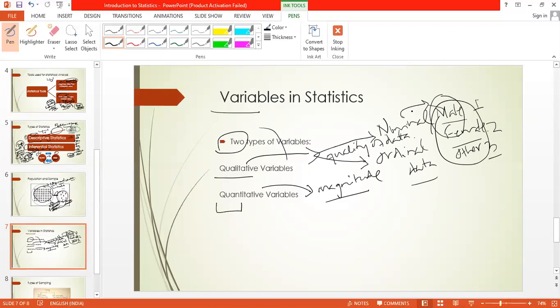So this type of data is known as nominal data. Where data can be ordered, or we can give a rank to the data, those data are known as ordinal data. Okay, let's say about some Swiggy rating.